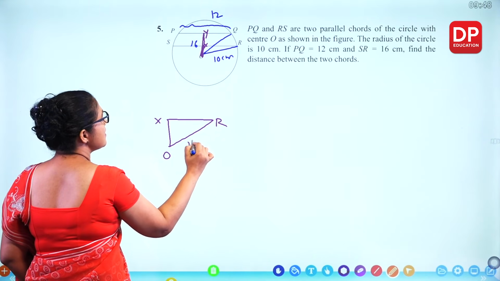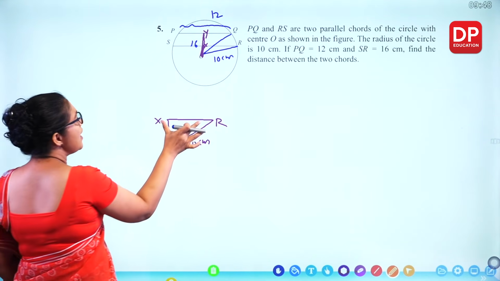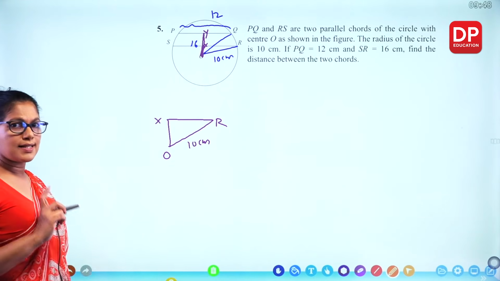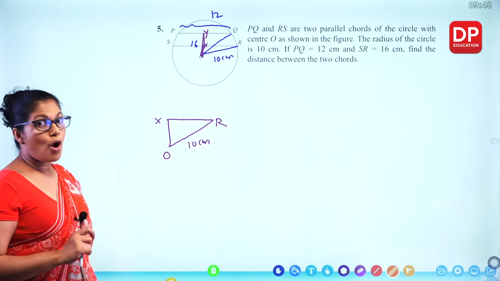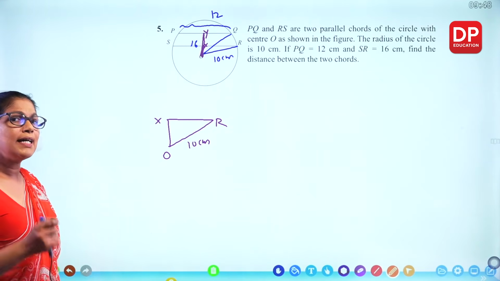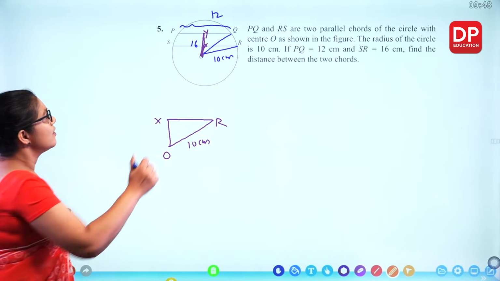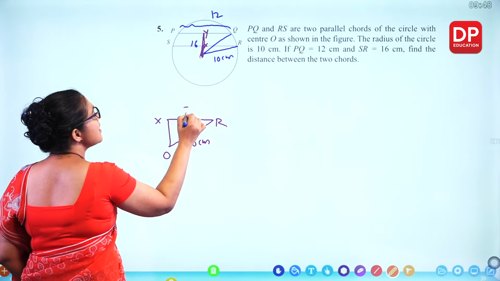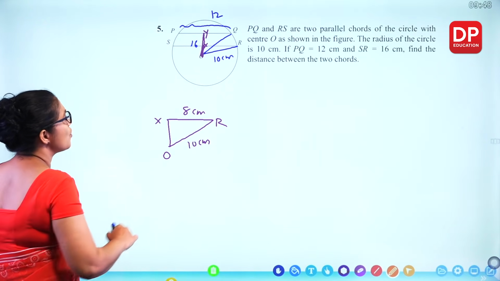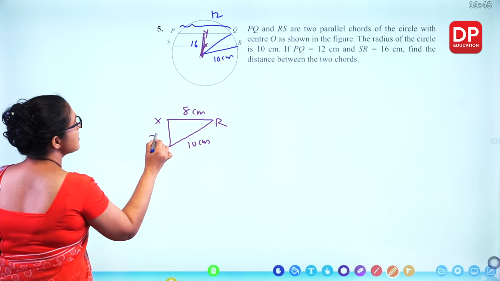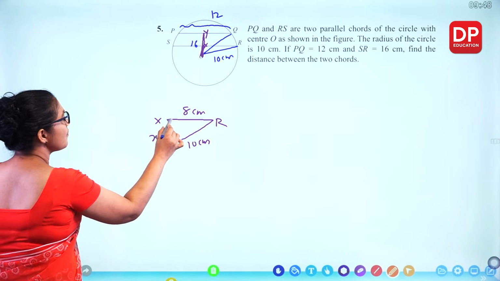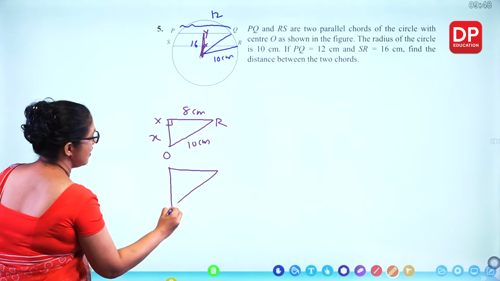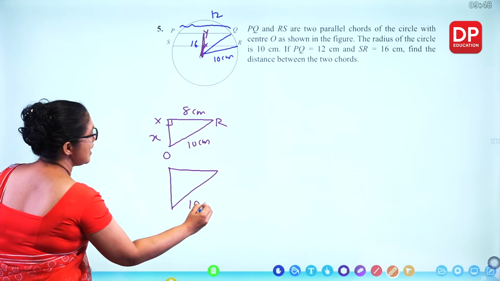In the OXR triangle, this is 10 centimeters and we know the full length is 16. According to the converse theorem, when you draw a perpendicular from the center, the chord bisects. So XR is half of 16, that is 8 centimeters. Here we put the distance as X. When you look at the bigger one, you get 10 centimeters as the radius.